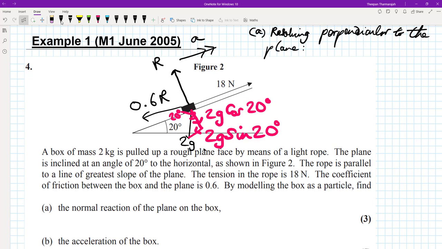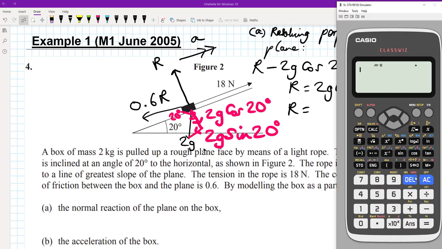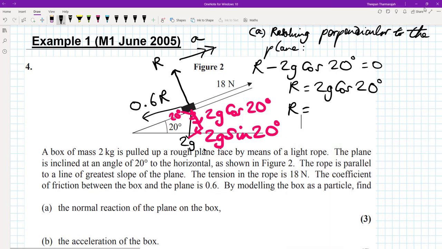It's not moving perpendicular to the plane, so we can say R minus 2g cos 20. Because it's not moving, we make it equal to 0. Therefore R is 2g cos 20. We can work that out on our calculator and round our solution to 3 significant figures.